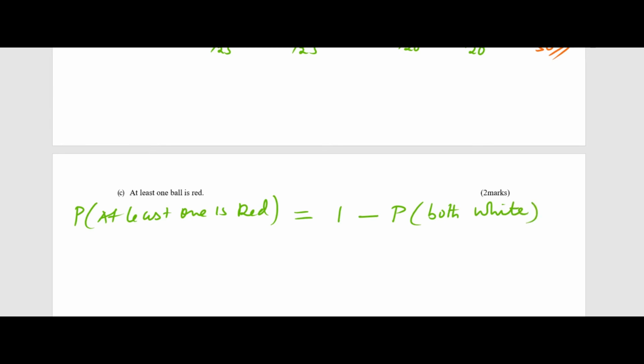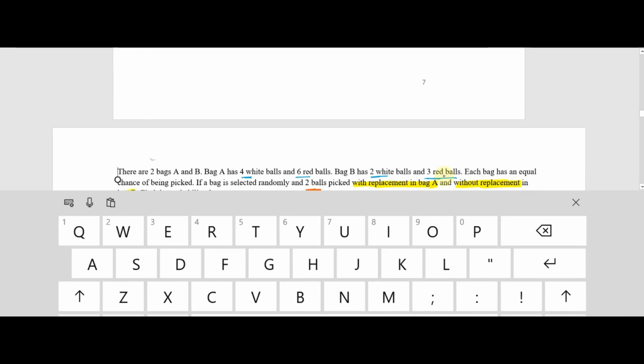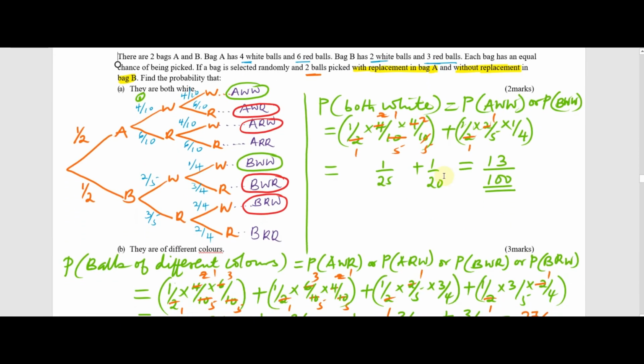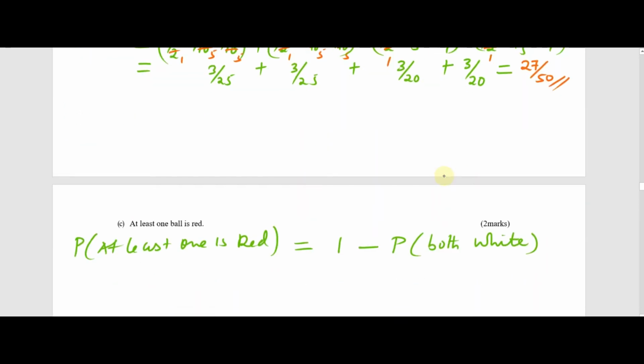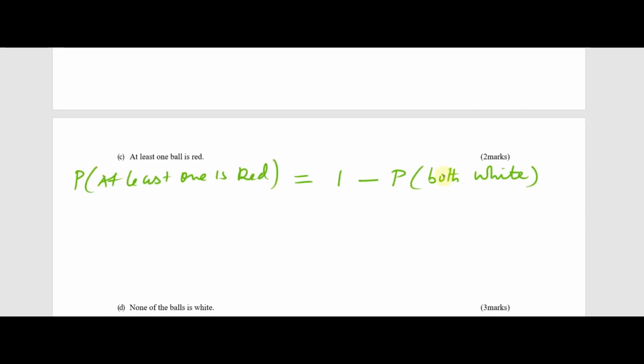So we don't need to get all the instances where at least one is red. We can either go the long way by getting all the instances where at least one is red, that is one ball or more. But instead of going that way, we can simplify. The probability of at least one ball being red is either one ball or two.